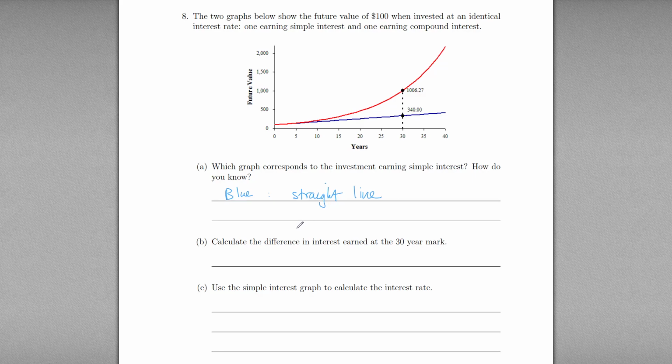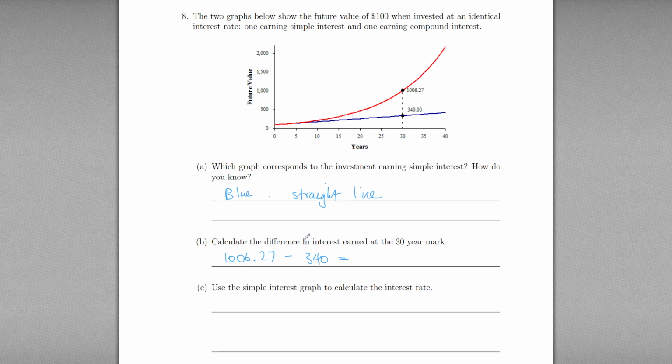Alright, the difference in interest earned at the 30-year mark. Well, at 30 years, the compound interest has earned 1,006.27, and the simple interest has only earned 340. So I take away 340. Strictly speaking, these numbers are not how much it's earned, it's the final value, but if I look at the difference in final values, that's also going to tell me the difference in interest.